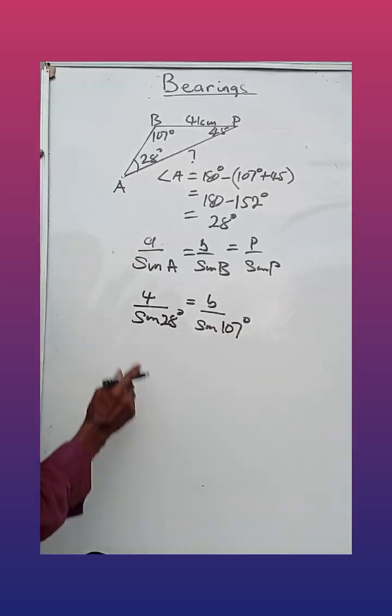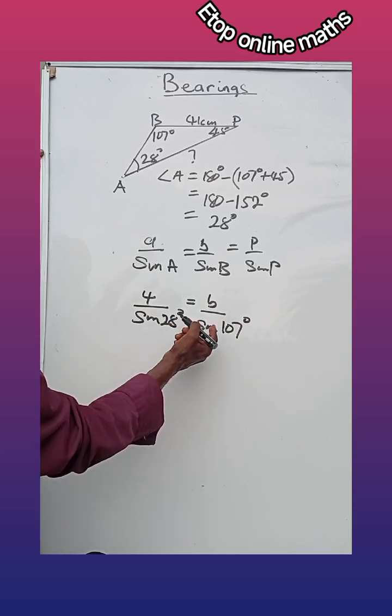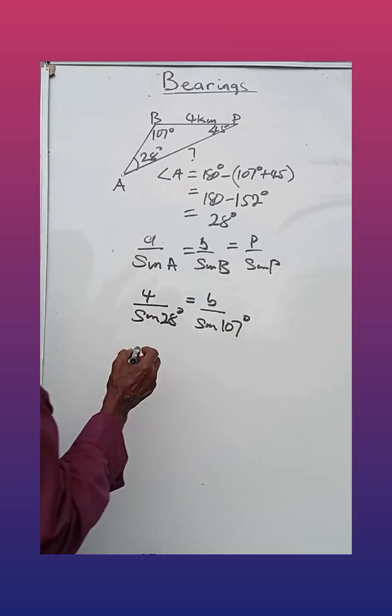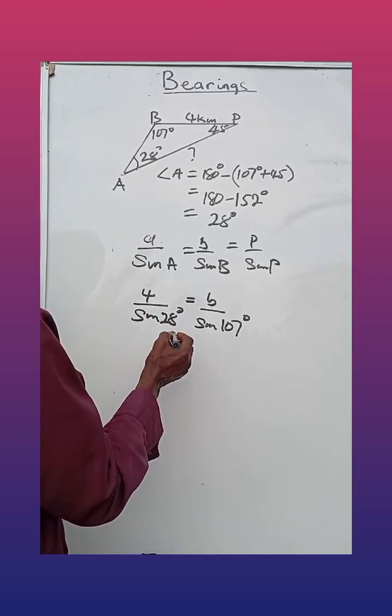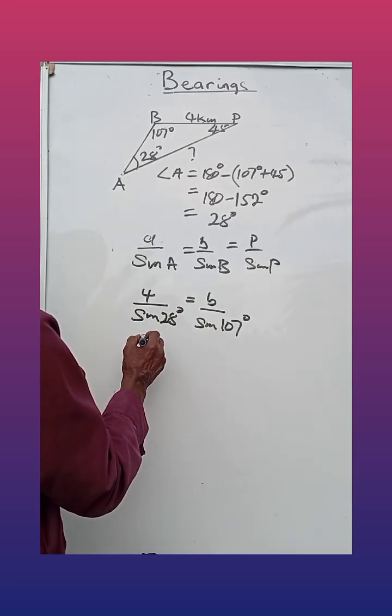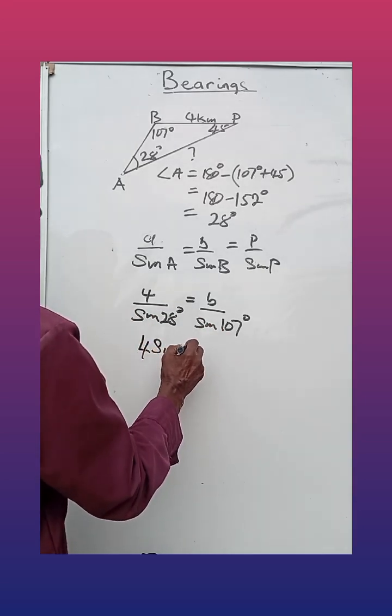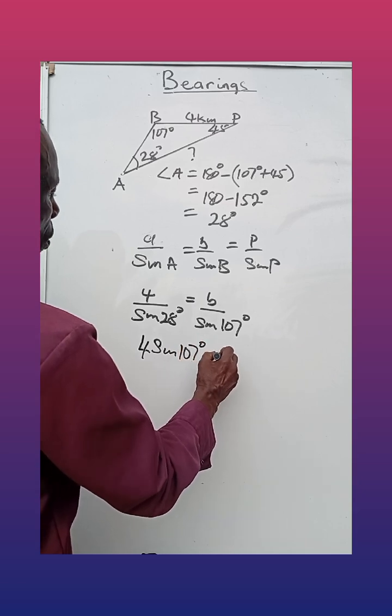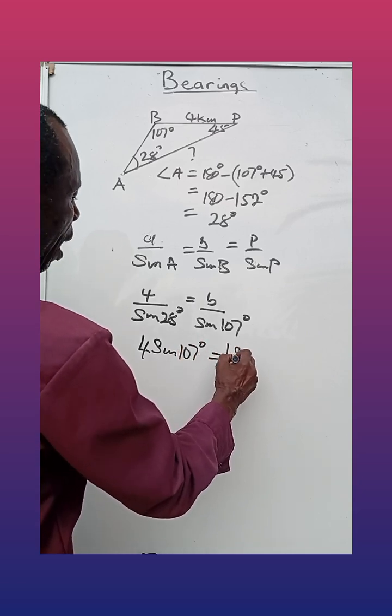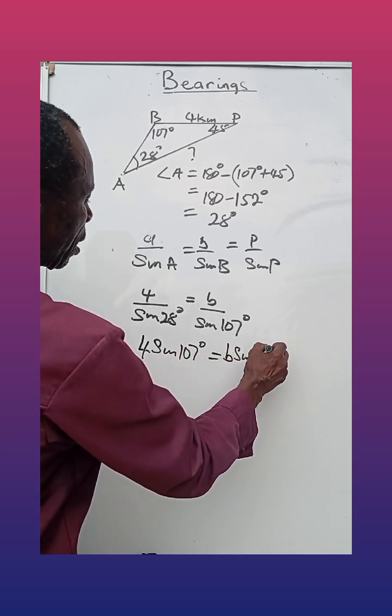So I want to solve for b by cross multiplying. So I have 4 sine 107 degrees equals b sine 28 degrees.